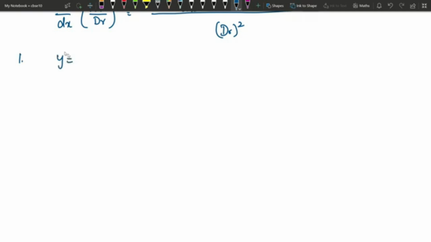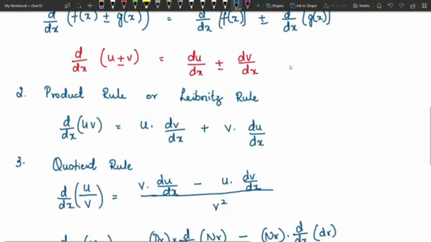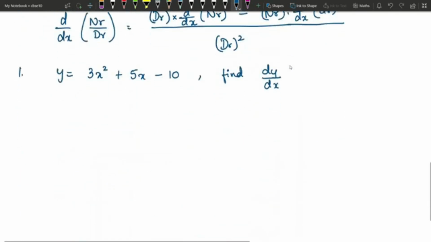Okay, in a question how to solve. So let us assume y is equal to 3x square plus 5x minus 10, and we have to find dy by dx. If you observe, we don't have any products here and we don't have numerator and denominator also. All you have to use is your first rule, sum and difference rule.